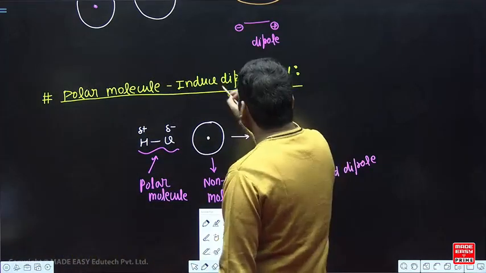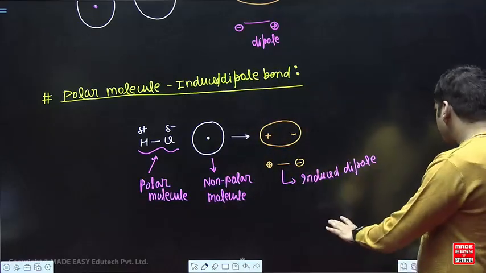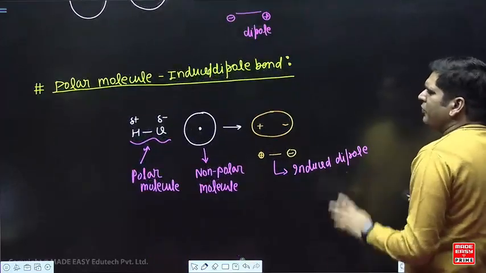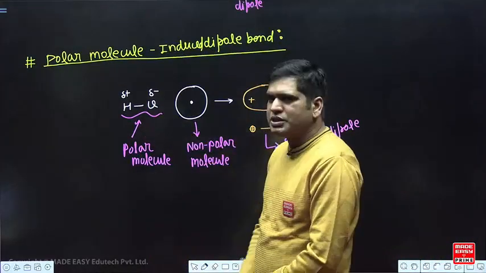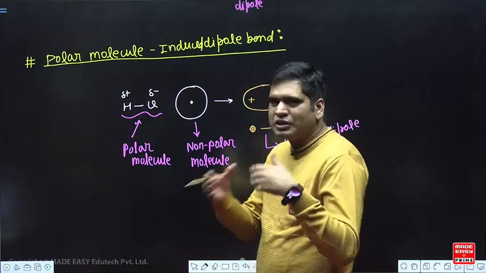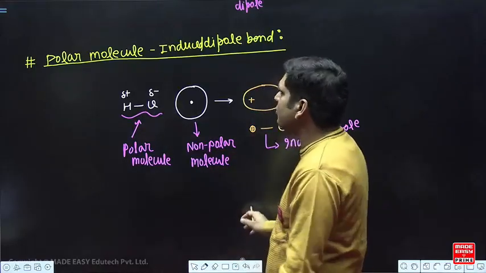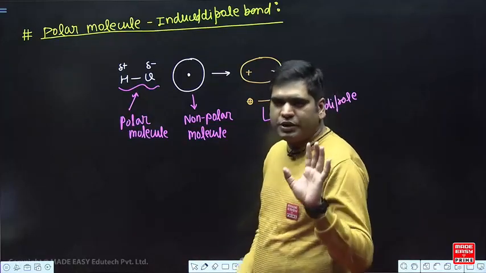It would be relatively stronger than the previous one, but not very strong. Why relatively stronger? Because here you have a permanent dipole which is creating this bond, not the vibration. So it is relatively better than the previous one, but is still not very strong.